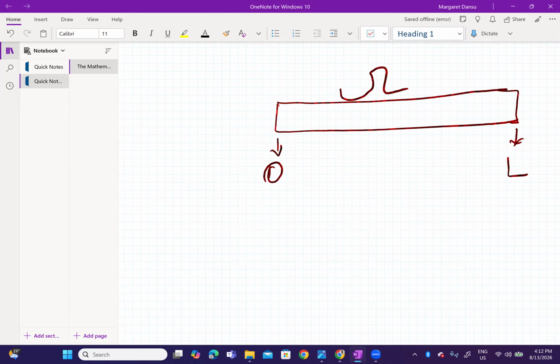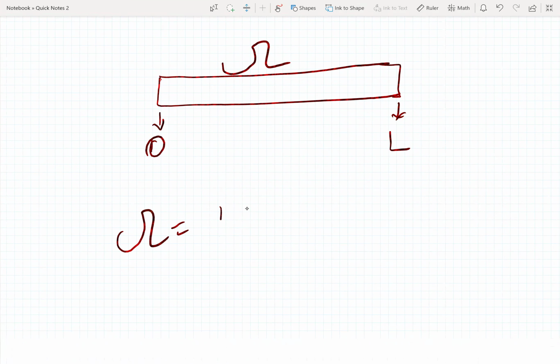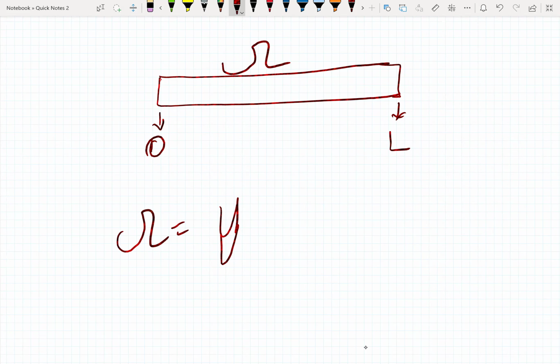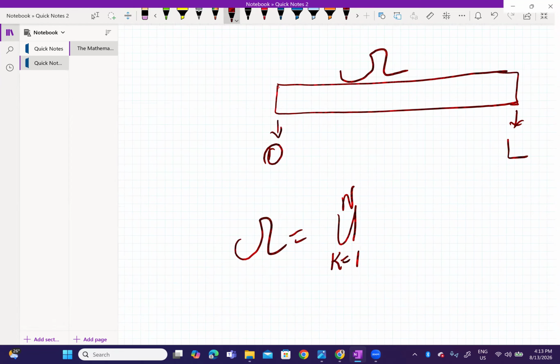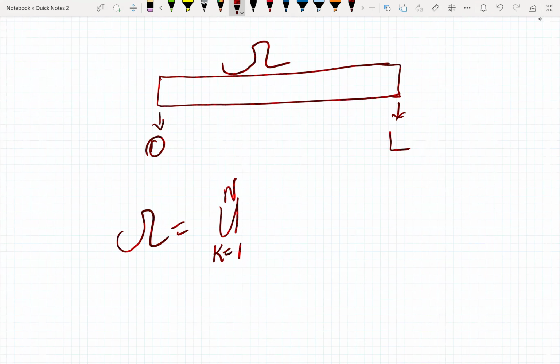So now we are saying that omega is equal to the union from i equals 1 to n of all the Ki's.